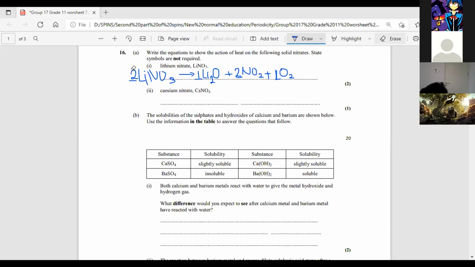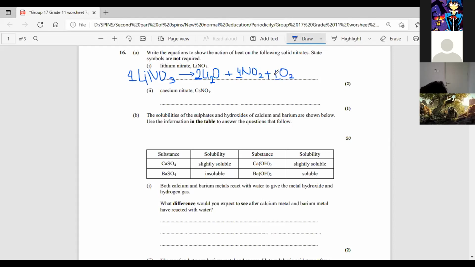So in this one, instead of 2, I would like to change the coefficient, because the oxygen is not balanced. So increase the number 2: lithium becomes 4, nitrogen becomes 4. In here, the oxygen is 12, and this is 8. Yes, now this is balanced.